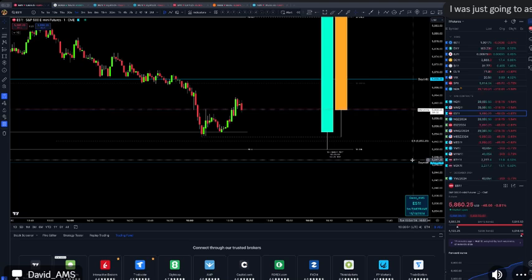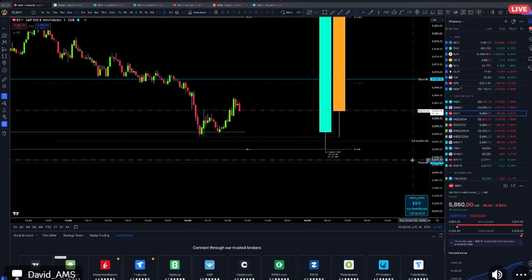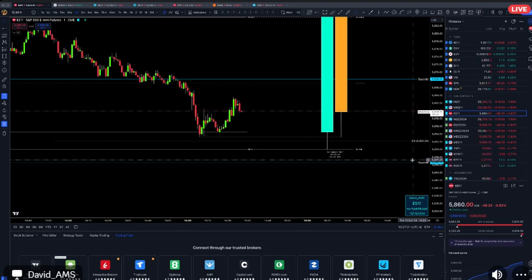And let's just keep it on closures. And you can draw the consequent encroachments also on the wicks on the daily candle. Like ES is respecting it now. There's just so much to keep track of, but just keep it simple.